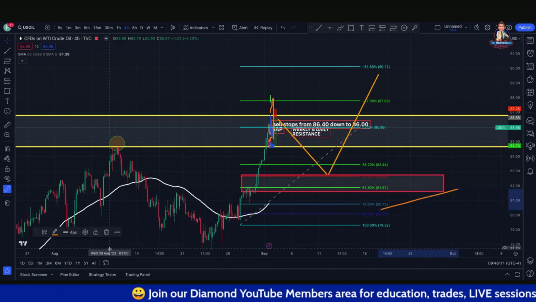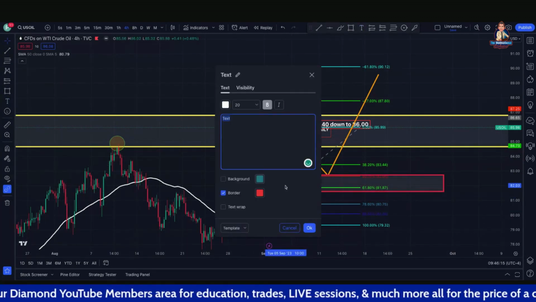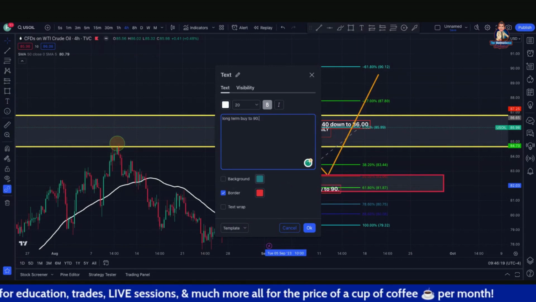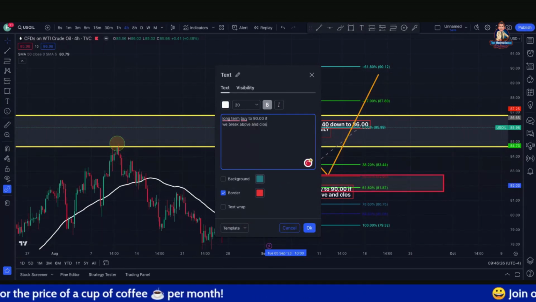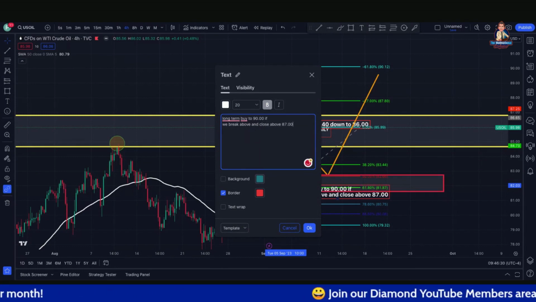Let me get rid of this line. This would be more of a long-term buy to 90 if we break above and close above 87.